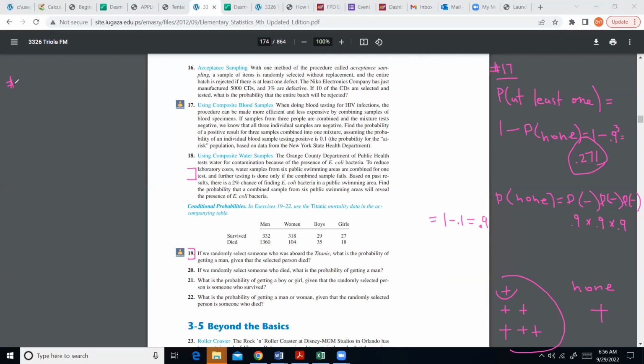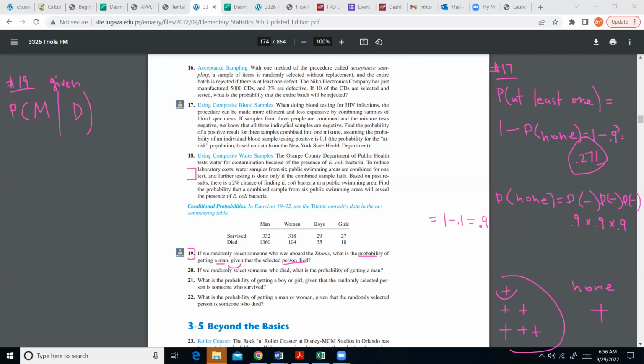It has a special question to find the probability that a man, given that the person died. So to write this down, I put the probability of a man, then for "given" we put a bar, and then the person died. So that's our conditional probability.